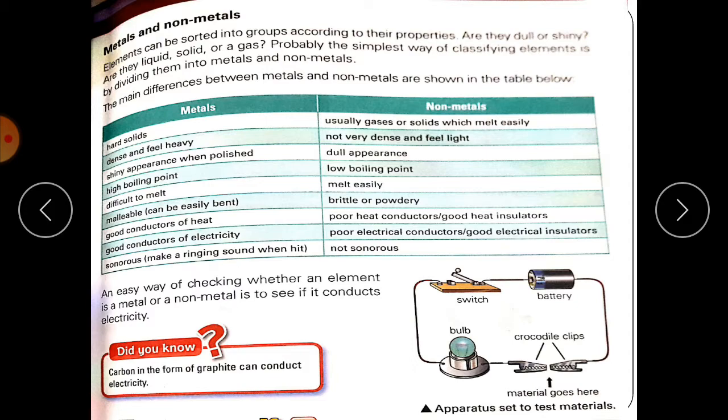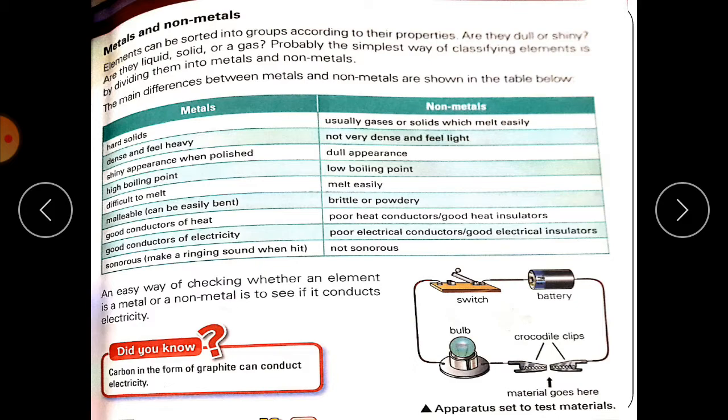But one main thing is that one non-metal, carbon, can conduct electricity, but carbon has different forms. Okay, so it has three forms. One form of carbon is graphite. There are three forms of carbon, and these three types are diamond, graphite and buckyball.